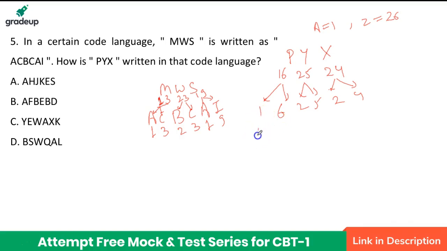So for 1 it is A, for 6 you will write of course F, for 2 it is B, for 5 it is E of course, for 2 it is B, for 4 it is D. So this is F, okay, because F is at 6th place, so you will write F here. So AF, BE, BD will be your right answer. So AF, BE, BD is given in option B.